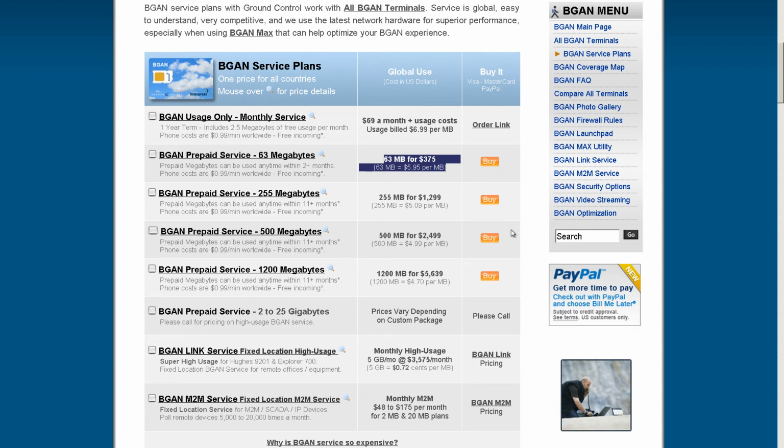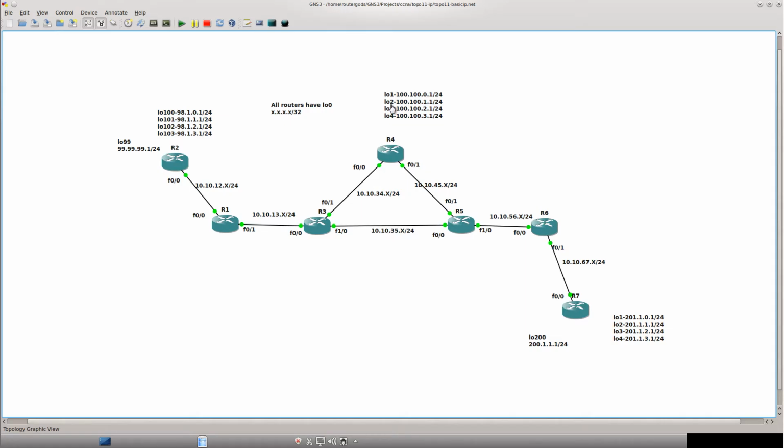All right. Okay, so now what we're going to do is configure everything on this side to be a different area. Oops, kind of messed that up.